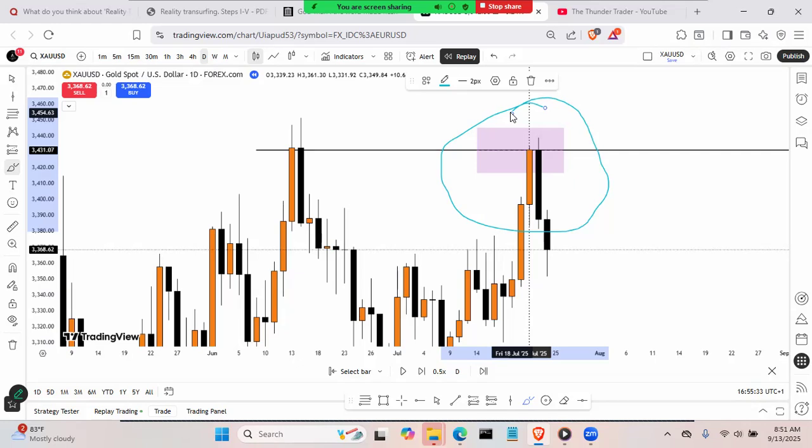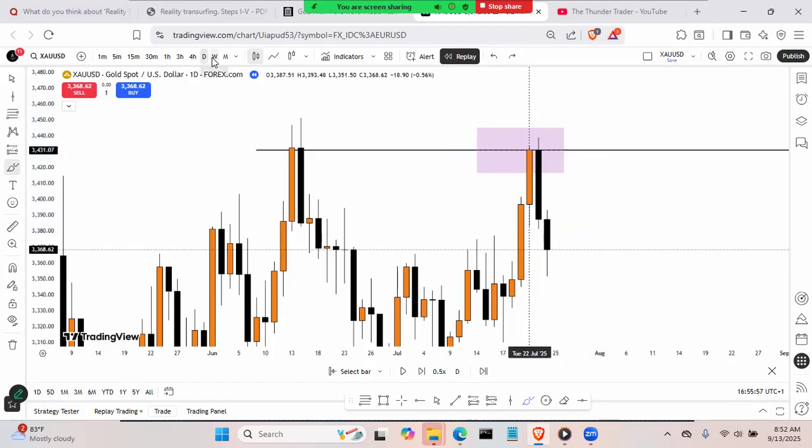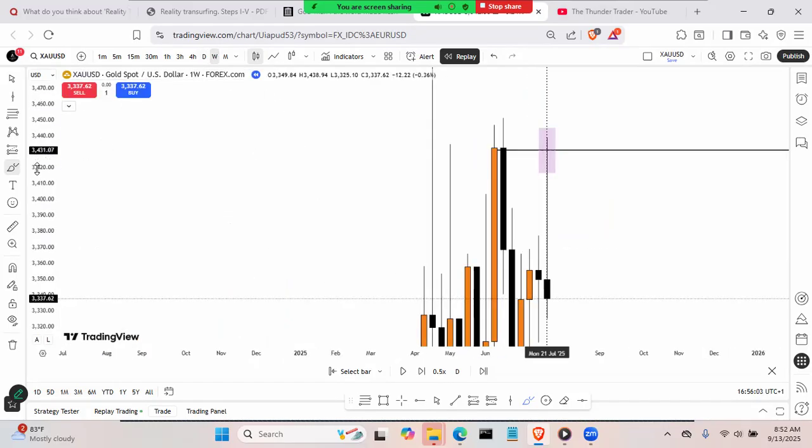You might want to call it CHoCH for those guys in SMC, or the guys in ICT, we call it MSS, market structure shift. Or just to make it simple for you to understand, just call it one word, break of structure. What kind of break of structure? A market reversal break of structure. Do you understand? So that's how these things are applied. That's how these things work. Going back to the time frame.